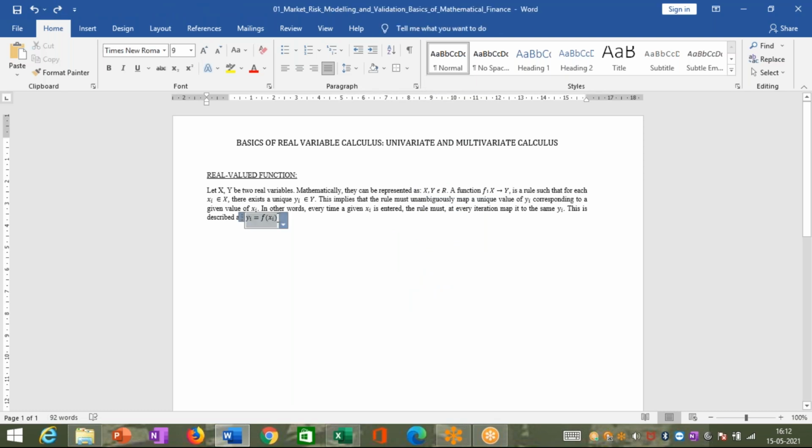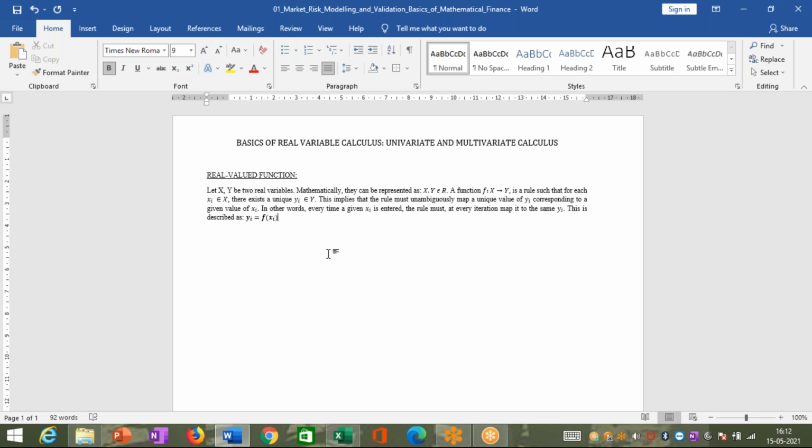Right. So one thing we'll do is bold this. So yi is a function of xi. Over here, yi is the dependent variable and xi is the independent variable. And the function is the rule. So whenever I enter xi, given the rule, the value of y is always computed.